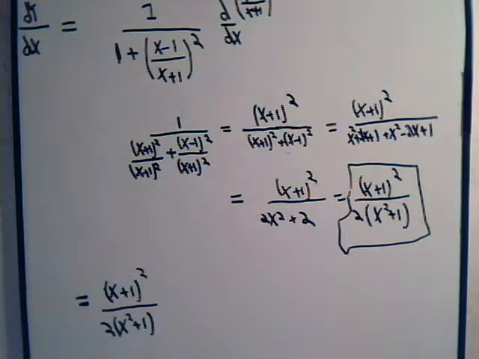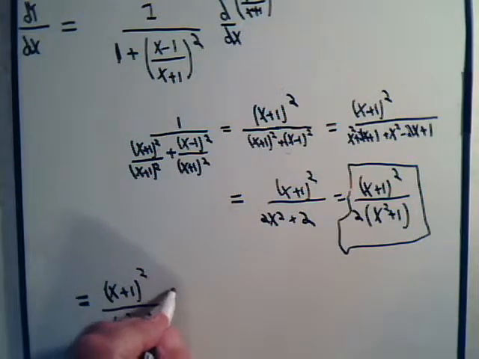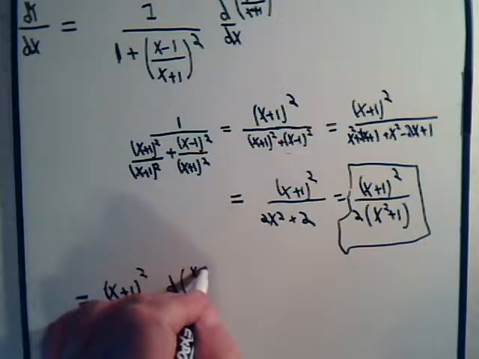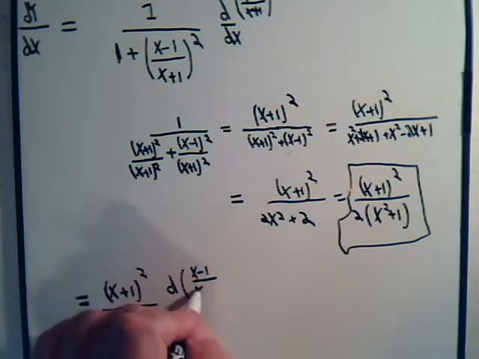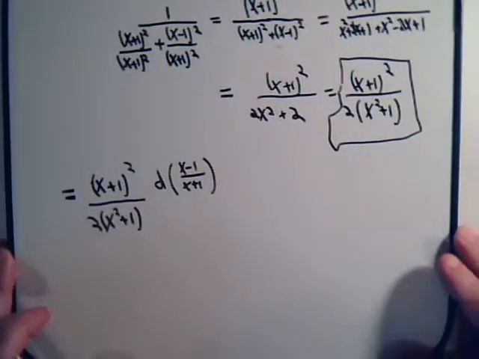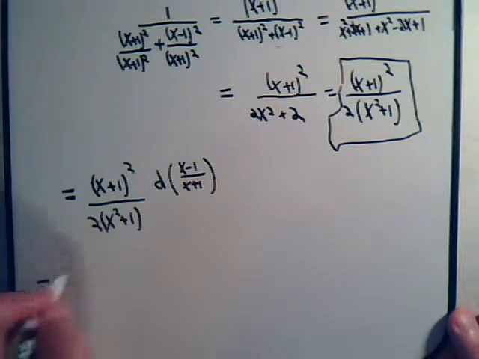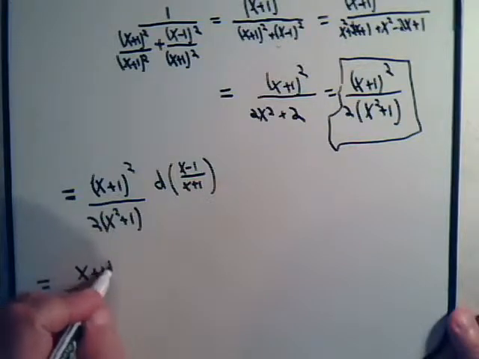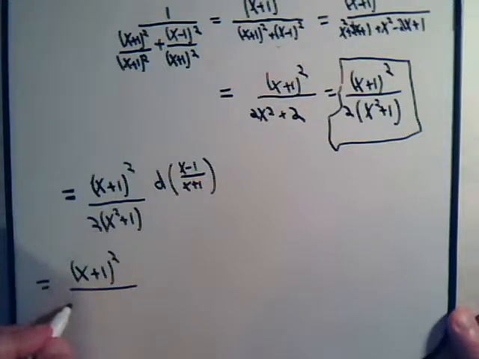Now we have to do the calculus. Now we have to take the derivative of x minus 1 divided by x plus 1. So this part stays the same, x plus 1 squared divided by 2 times x squared plus 1.